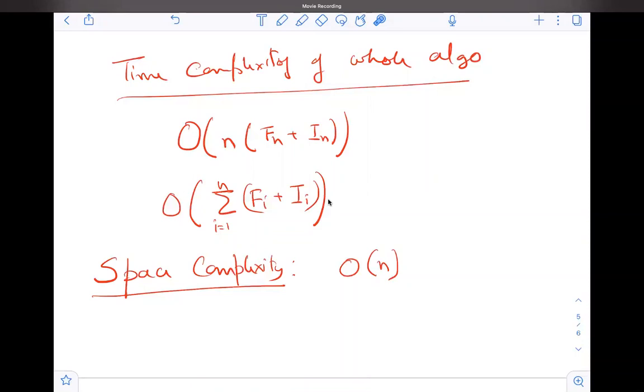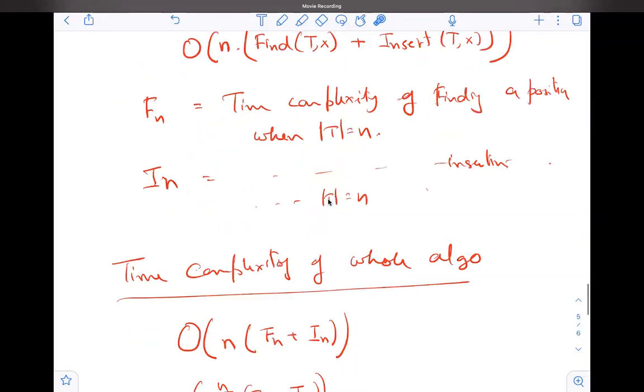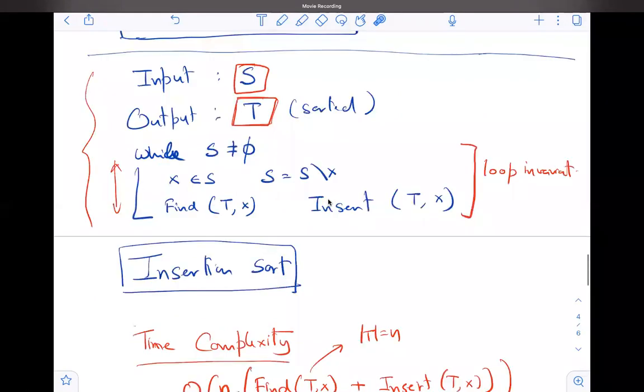So I just said that the way I have presented this algorithm, I am storing this T separately, which means the space I use for storing T is order n. But maybe by cleverly doing things, I can save this space, because the size of S is going down while the size of T is going up.